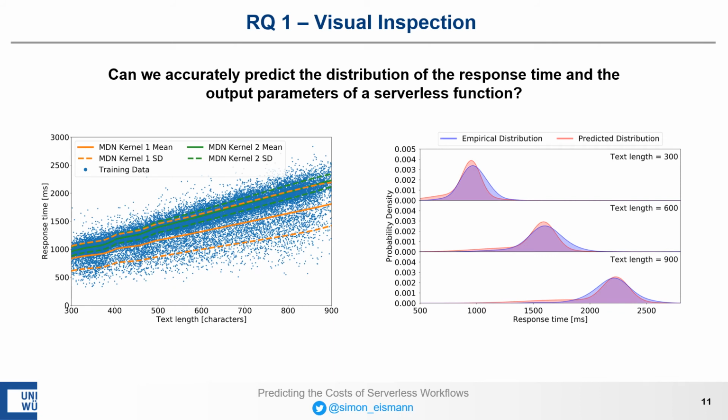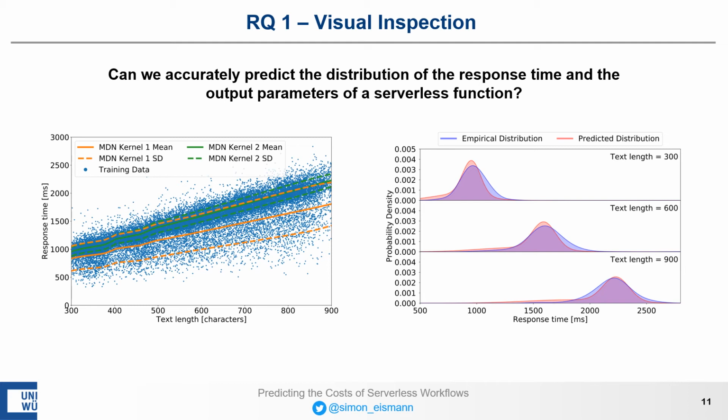So, going over our first research question, can we accurately predict the distribution of the response time and the output parameters of a serverless function? Here on the left, we see the observed response times for one of the functions. And then we can see here in green, the normal line describes the mean, and the dashed line the standard deviation of the first kernel used by the mixture density network.